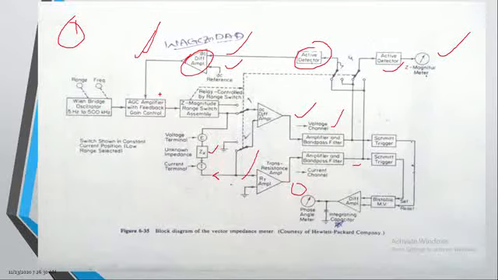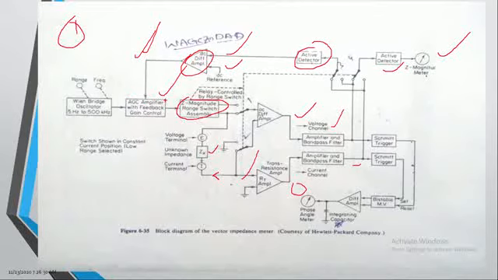When the gain is adjusted, then the magnitude range switch will switch the impedance ranges, whatever the ranges we have seen. So using this particular voltage which is coming from the output of the DC amplifier, it is adjusting the gain of this element.